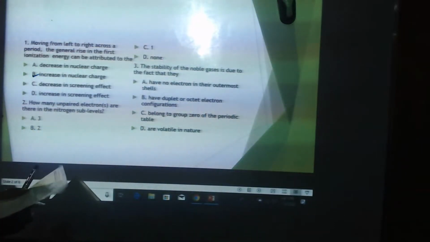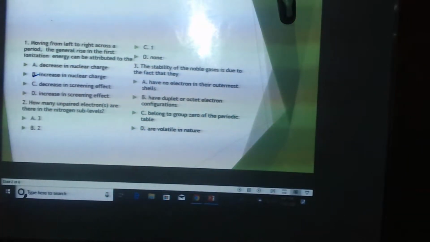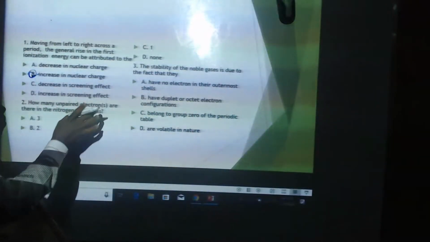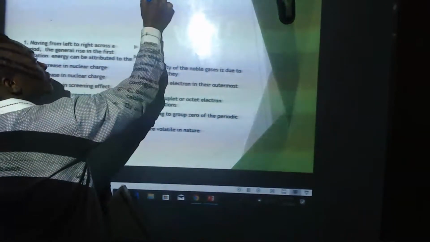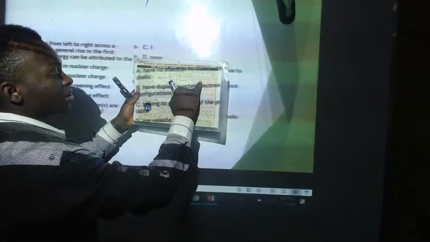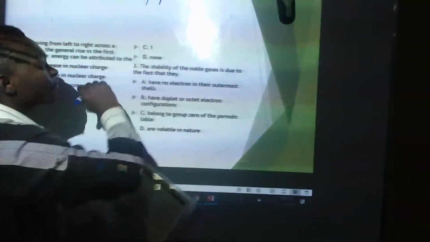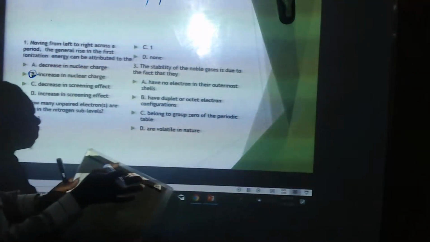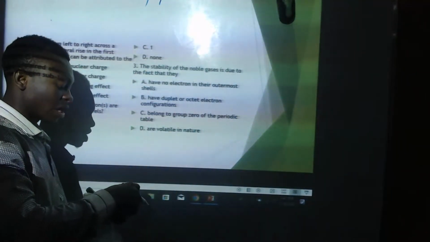Now, the next one. They ask how many unpaired electrons are in the sublevels of nitrogen. Now, this is nitrogen, having atomic number of 7. Now they're asking you how many unpaired electrons there are in nitrogen. I told you about the sublevels, the K, L, M shells.